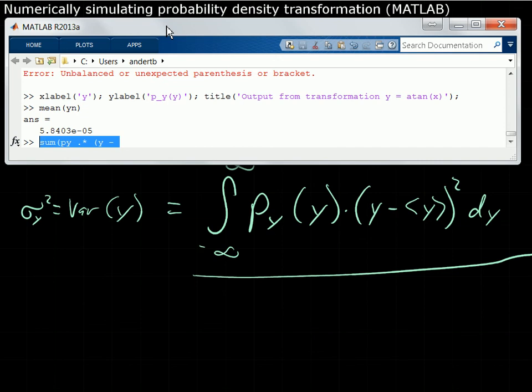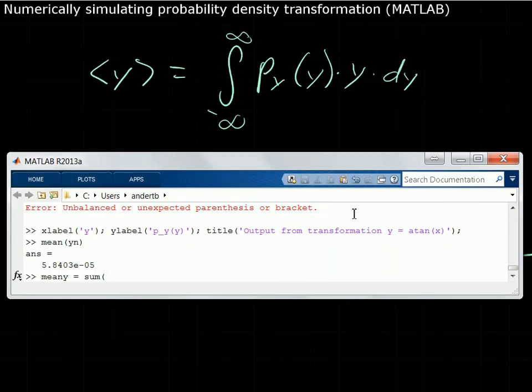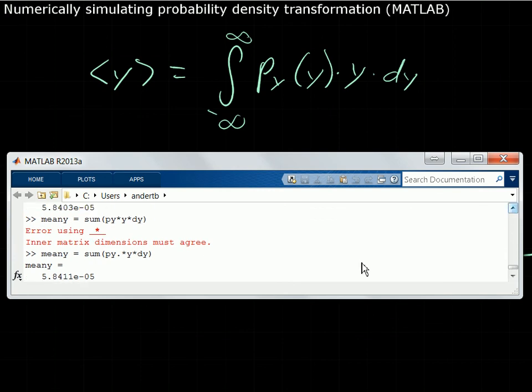Hold off on that. Let me just say mean y equals. So basically, I'm implementing this equation here. I say sum of p y times y times dy, and I forgot to do my vector multiply. So I get that, and that should be pretty close to our statistical mean.